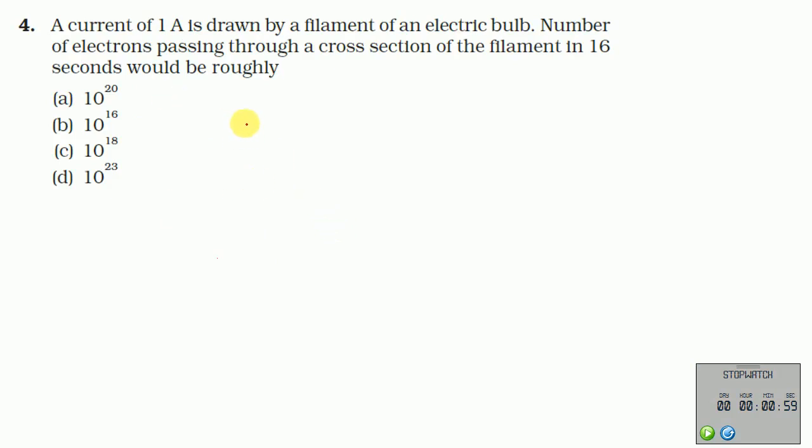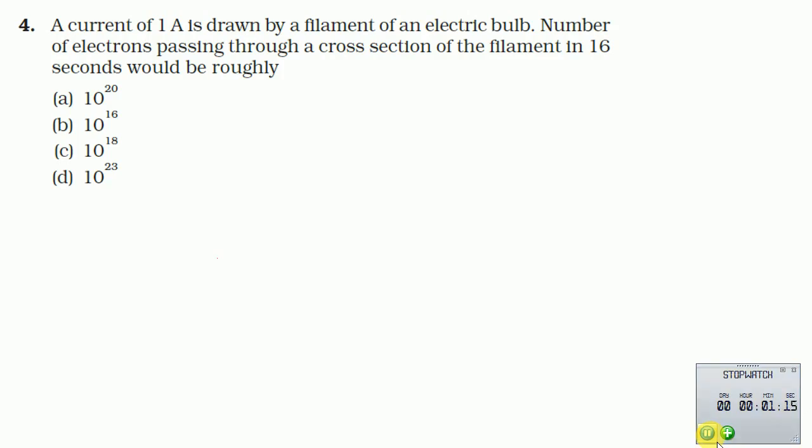Next, a current of 1 ampere is drawn by a filament of an electric bulb. Number of electrons passing through the cross section of the filament in 16 seconds. Time is starting. Come on, try to solve it. This is a very easy question.